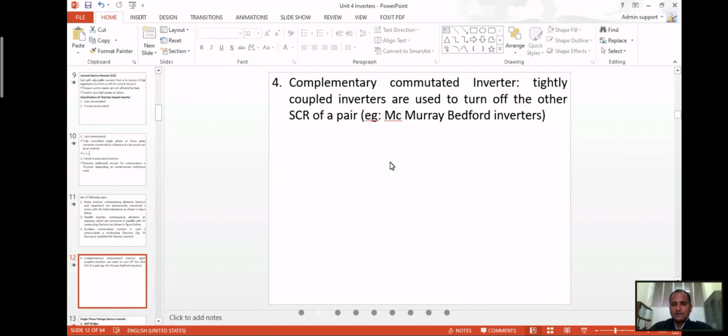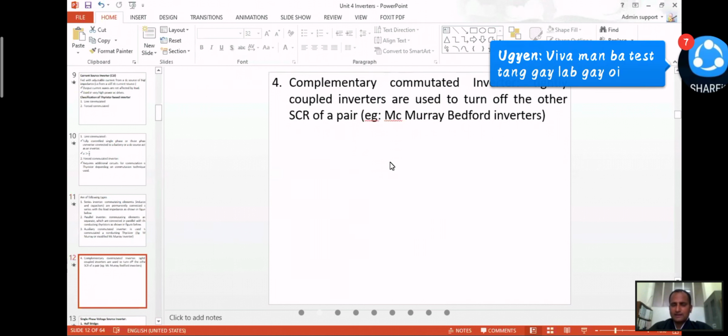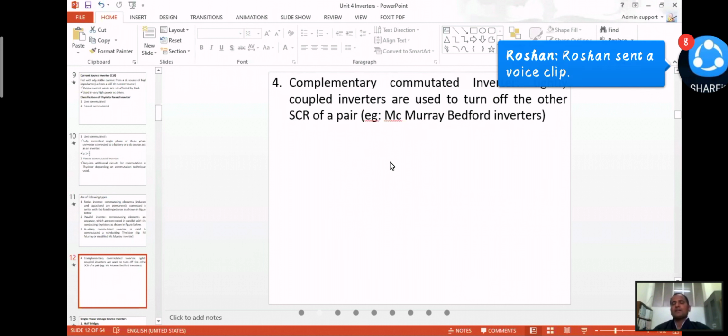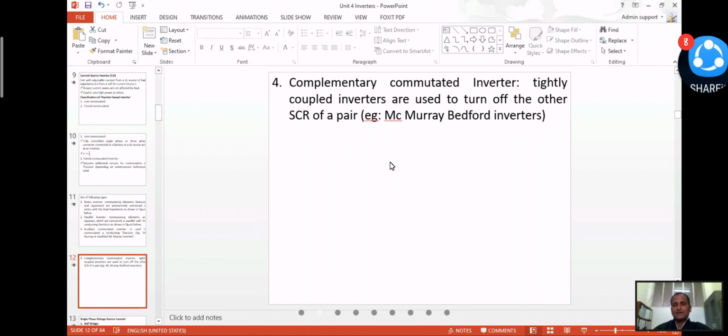In a complementary commutated inverter, it is used to turn off the other SCR of the pair. The example of a complementary commutated inverter is the McMurray-Bedford inverter.